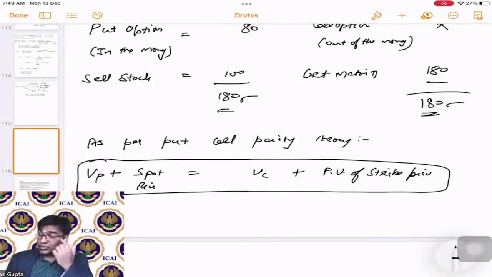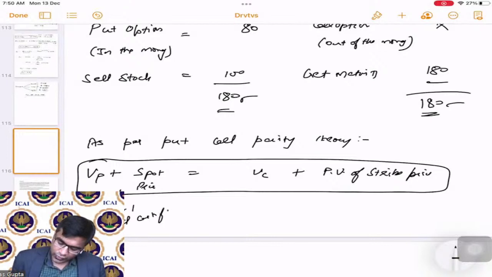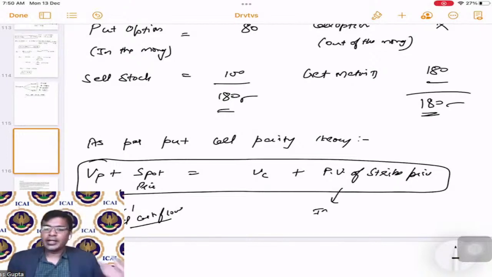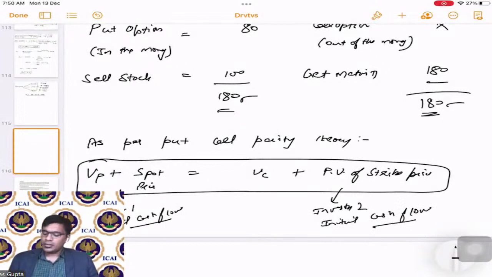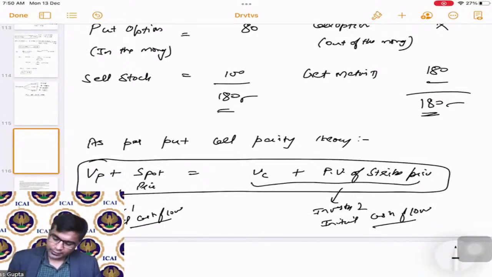The RHS is also equal to the investor 2 initial cash flow. So this is investor 1 initial cash flows, and this is investor 2. This I'm taking from my example so that it correlates there. So investor 2 initial cash flows. This entire thing. And here also this entire LHS.